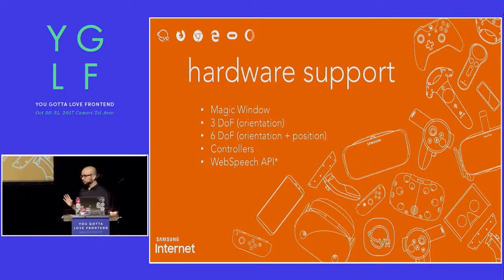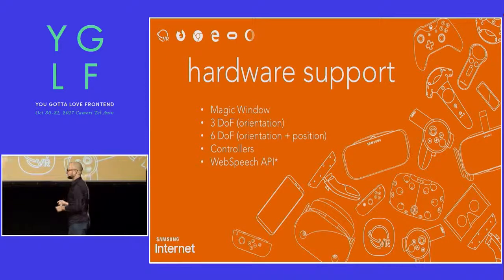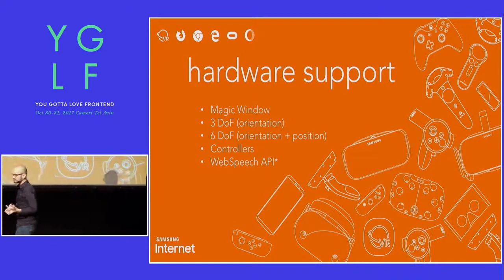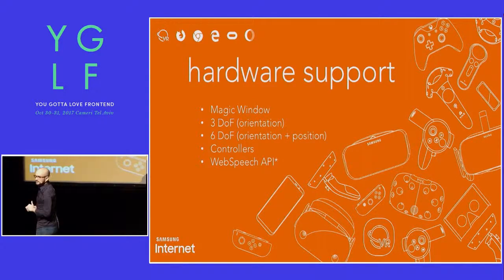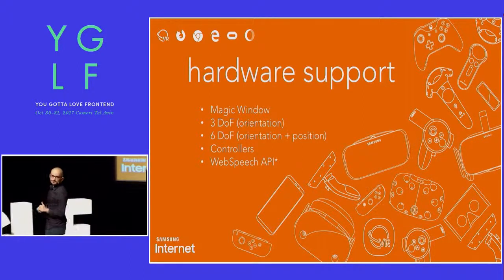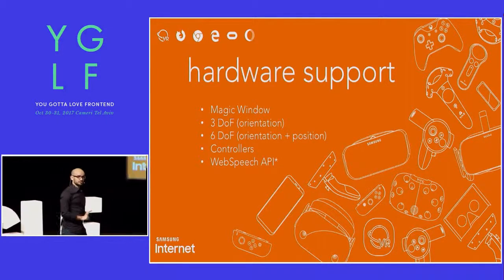And I've added 2 other bullet points, because I find them to be quite interesting and quite unique to the web environments. First, we have controllers. Depending on the experience that you want to develop, you might be interested in hooking up an Xbox controller, a standard Bluetooth controller, a Nintendo Joy-Con controller to the browser.